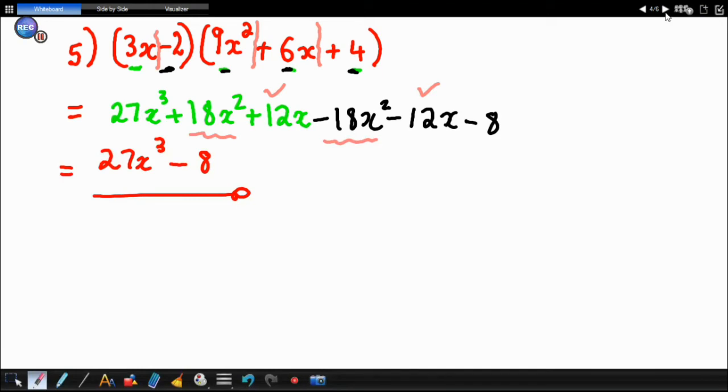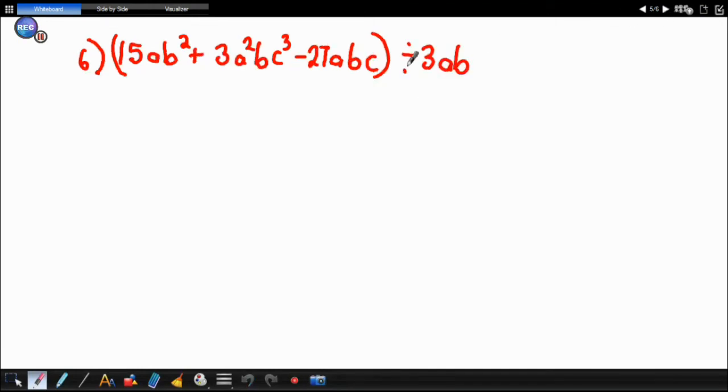Right, we're moving on to number 6. For number 6, we have this interesting question here, which is divided by 3ab. Guys, there's 2 methods for this one, but I will just use the one which I feel will be quite easier for you in case you don't know how to factorize.